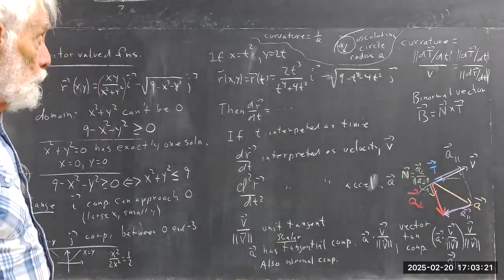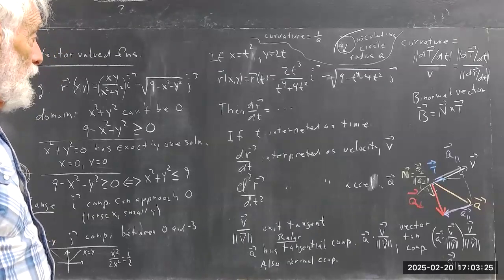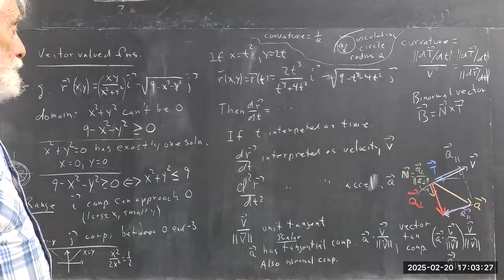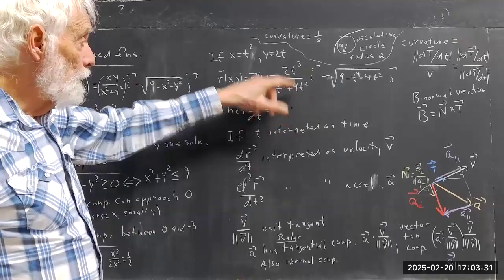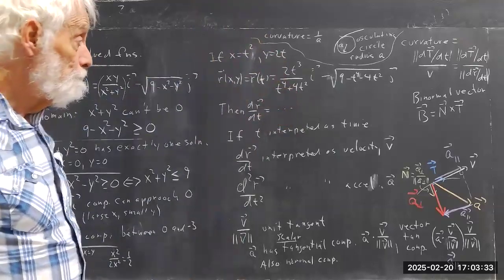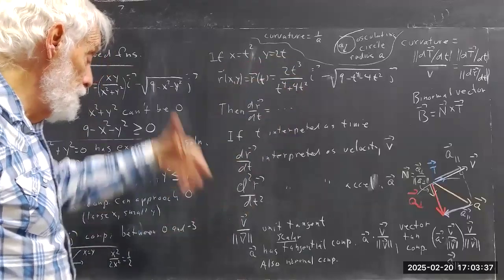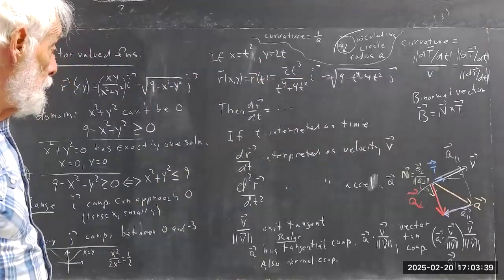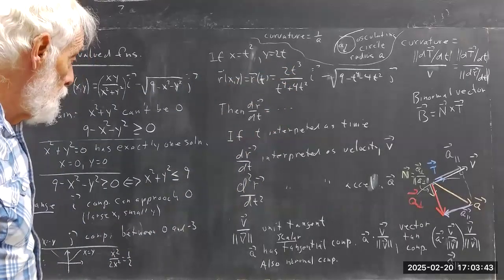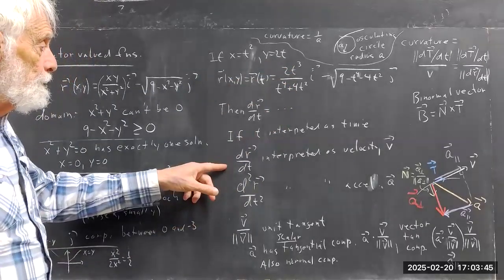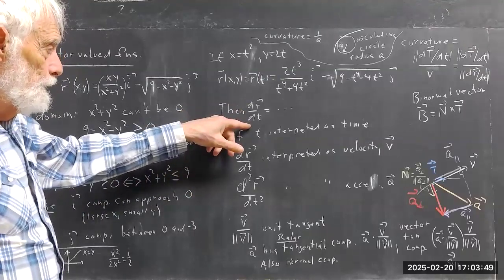I will note that unless t equals 0, this can be simplified. You can just divide out a t squared from the denominator and the numerator. So it could get a lot simpler than it looks. Anyhow, you can take the derivative with respect to t.